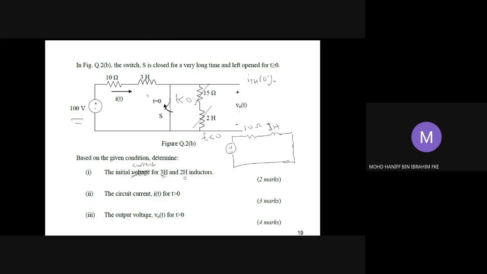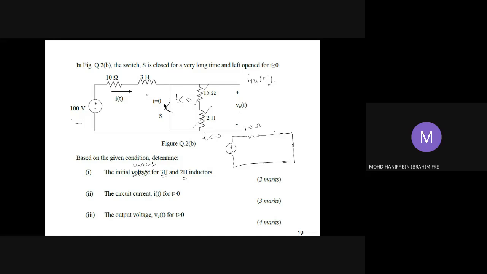Because this is a short circuit, right? For t less than 0, I made a mistake here, sorry. There should be no inductors here, supposedly. By right, we're going to have just a short circuit, just like that. That should be the correct version. Sorry for that, because I missed something here.